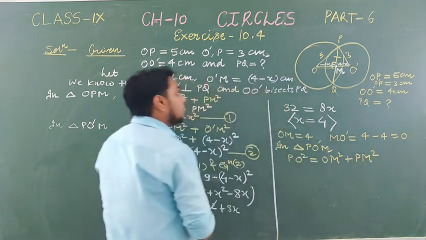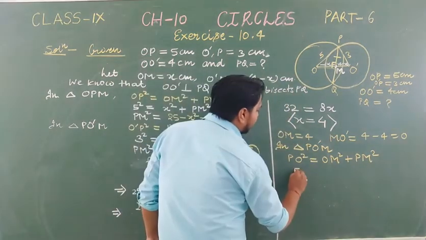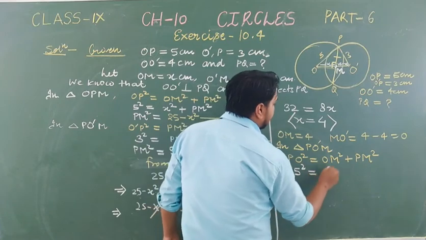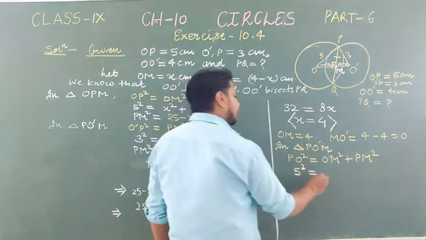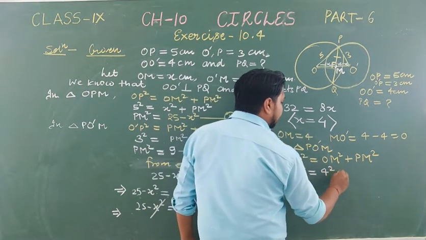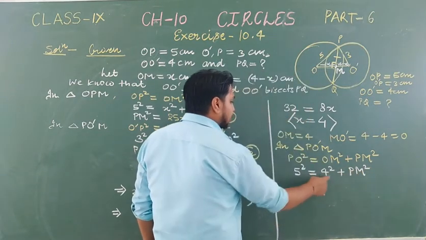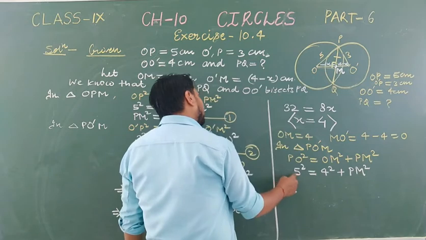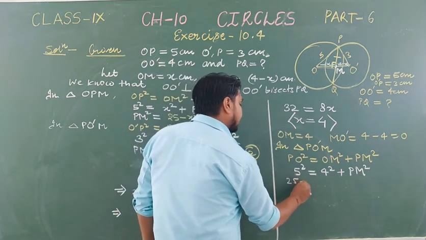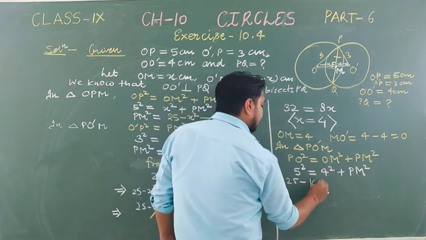So PO square means it is 5 square, OM is 4, so 4 square plus PM square. So 5 square, this 4 square will be shifted, so 5 square is 25 minus 4 square is 16.